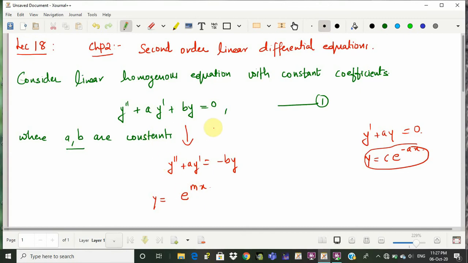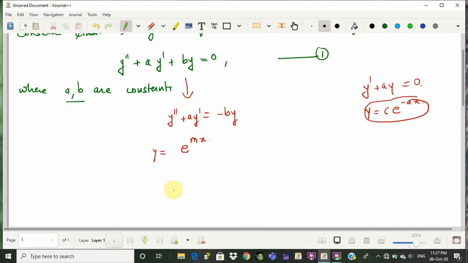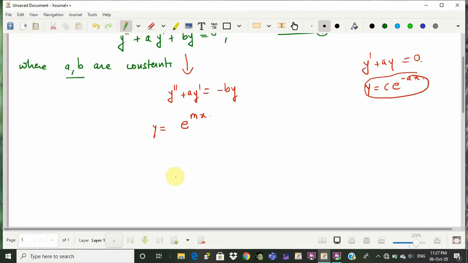That is what we will be discussing in this session. So that's the idea why we guess this as the solution and proceed by substituting.